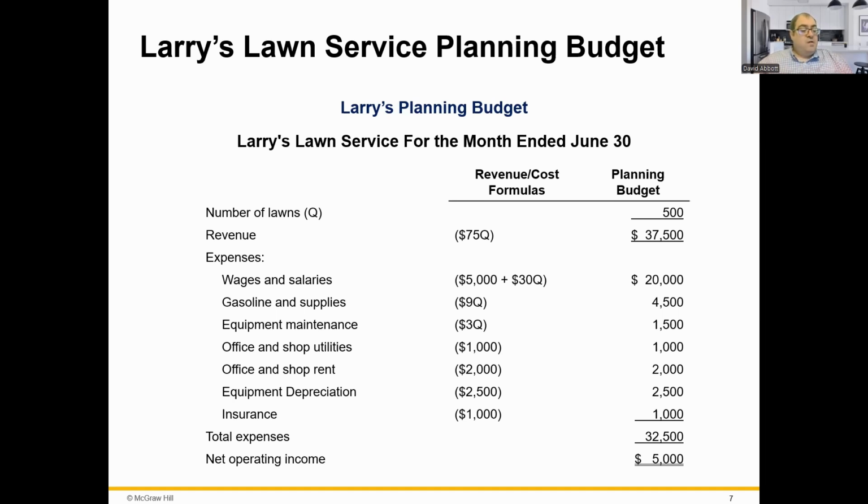He has 4 fixed costs, which are his office and shop utilities, his office and shop rent, equipment depreciation, and insurance. And he has a mixed cost, which is wages and salary, because part of that salary is going to be fixed. But if he has somebody that works for him that he pays hourly, then the more hours they work, the more it would change.